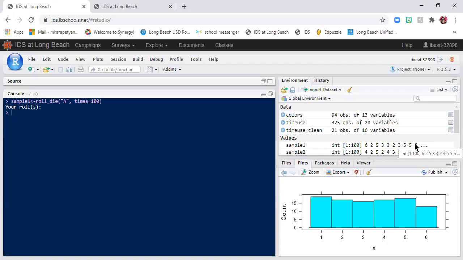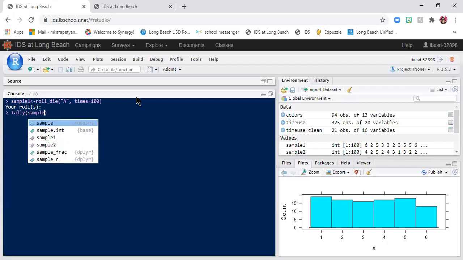Okay. So now that you have essentially a variable or a data set that it can pull from, you're now going to tally it. So I can do tally, and I can just use sample 1, the name of that data set, the name of that set of numbers.